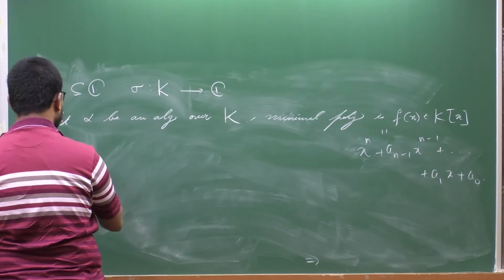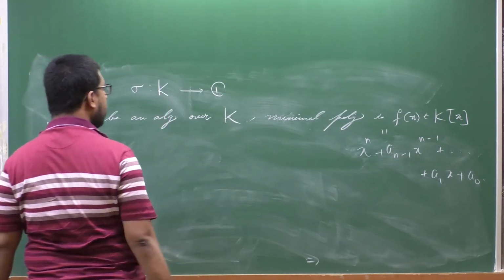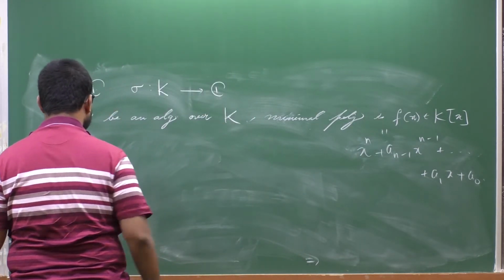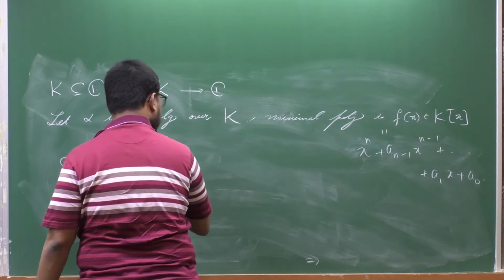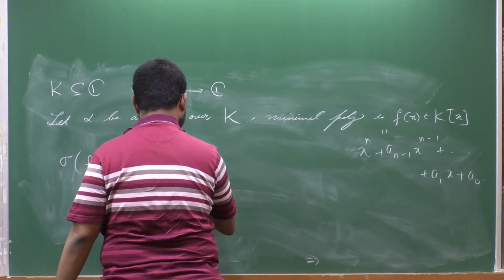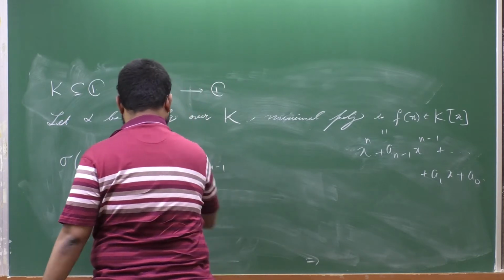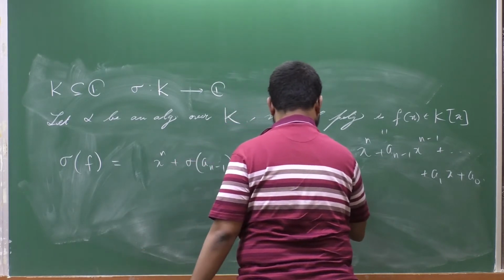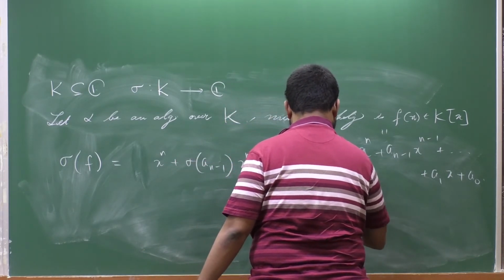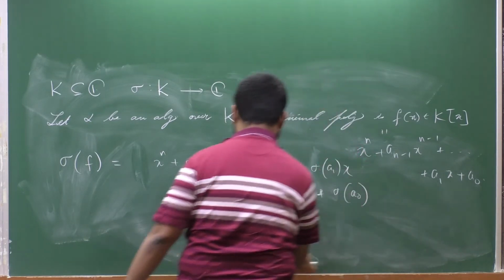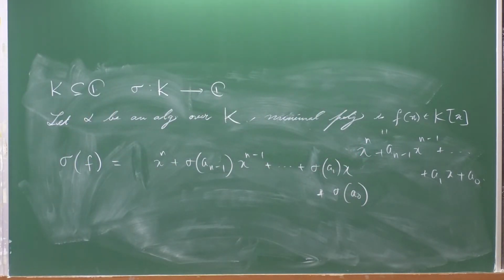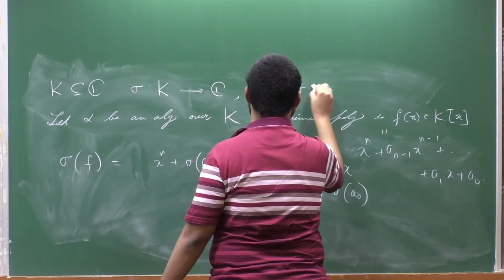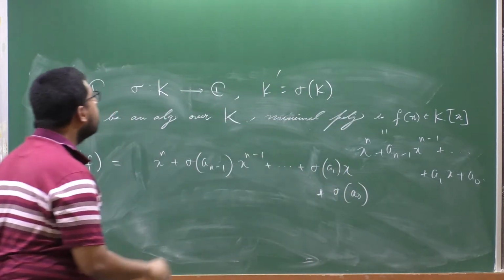Under the embedding, let's define sigma f to be this polynomial: x to the power n plus sigma a n minus 1 x to the power n minus 1, and so on, sigma a1 x plus sigma a naught. Denote the image of K under the embedding by K prime.